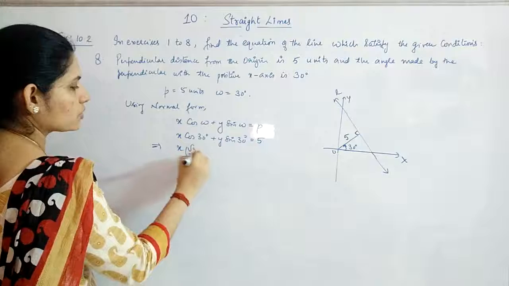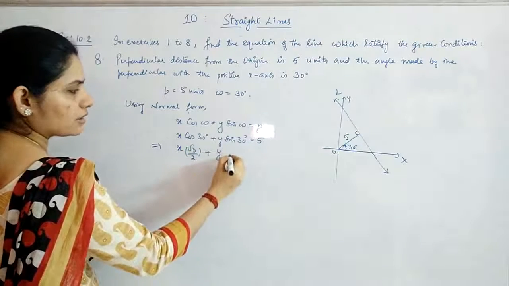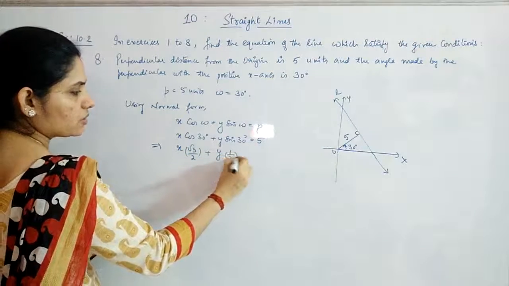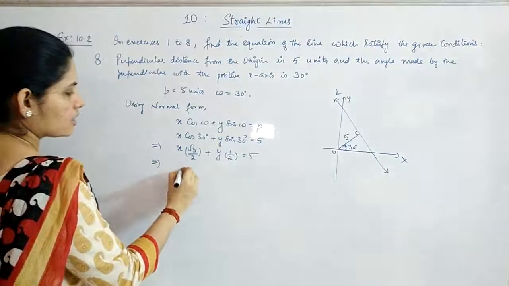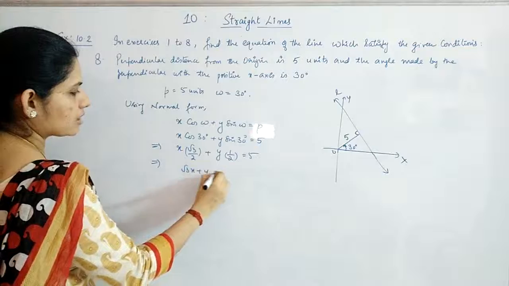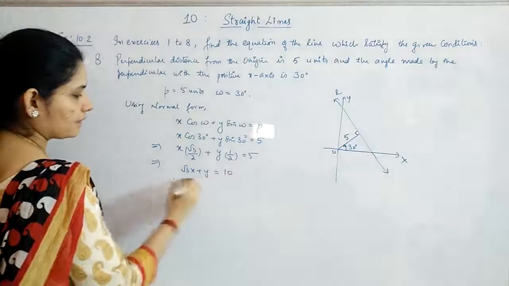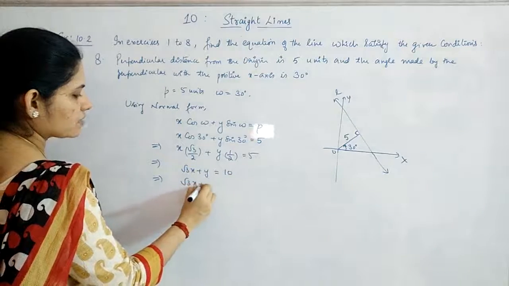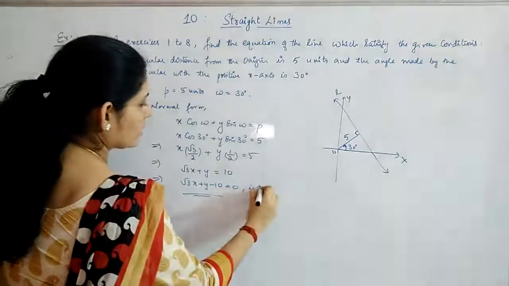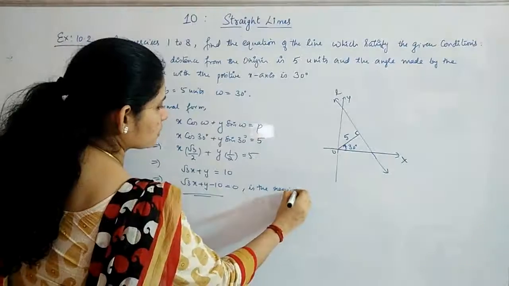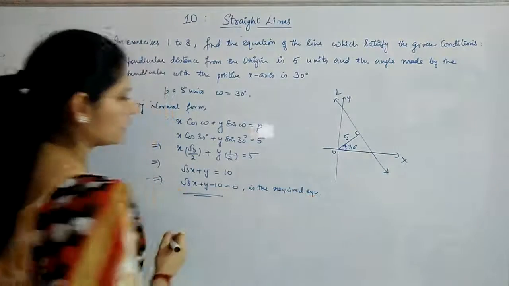So x into root 3 by 2 plus y into sin 30 degrees 1 by 2 is equal to 5. Rearranging, you will get root 3x plus y is equal to 5 into 2, 10, or root 3x plus y minus 10 equal to 0 is the required equation of the line.